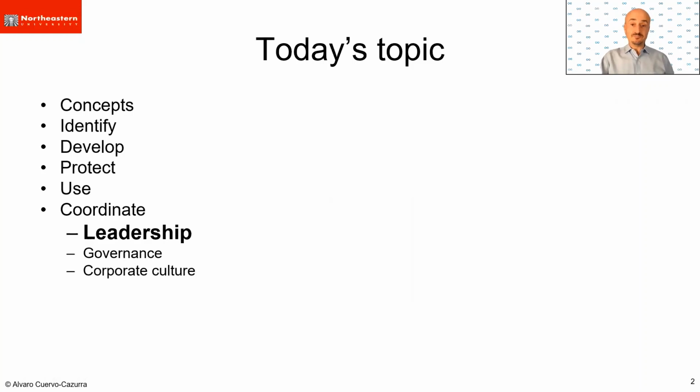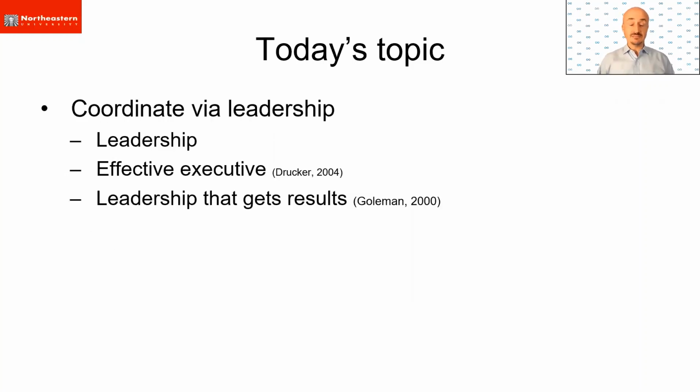So for today, what we're going to be doing is leadership, and I'm going to introduce a few ideas about leadership and some notions that I want you to remember. Some of these have been pointed out in courses of human resources, but it is always good to bring them here and try to coordinate what is happening across all these different courses in what is now the capstone course of strategy.